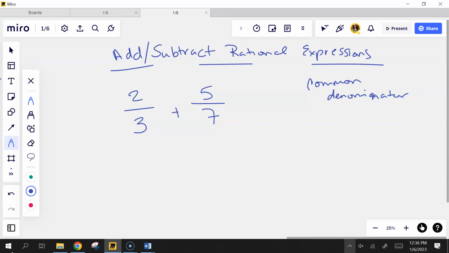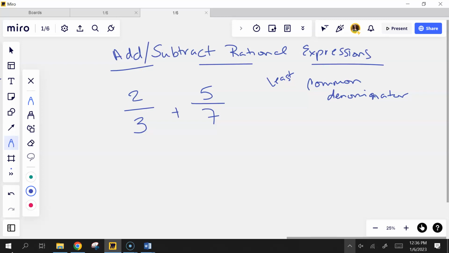Okay, that's what I was trying to get you to. There's a difference in a common denominator and a least common denominator, right? They could be the same, but they're not always the same. Least common denominator is what we really want, and what that really is, is a least common multiple.